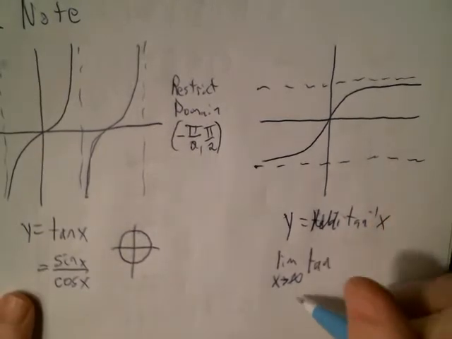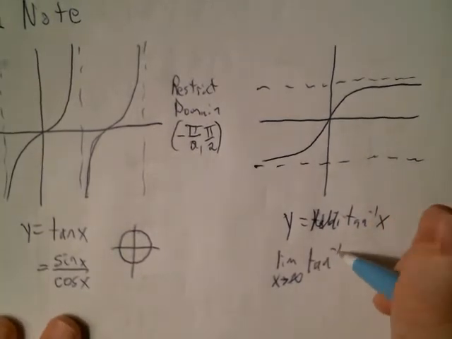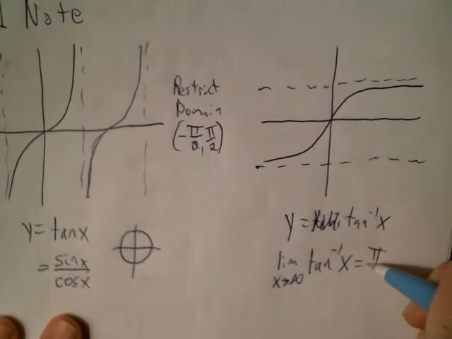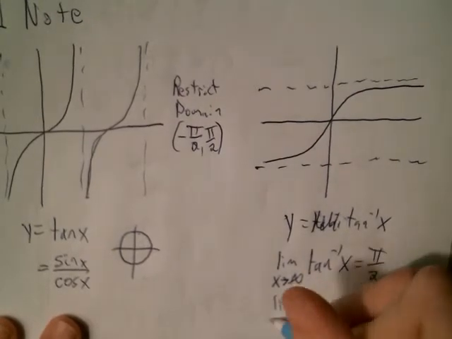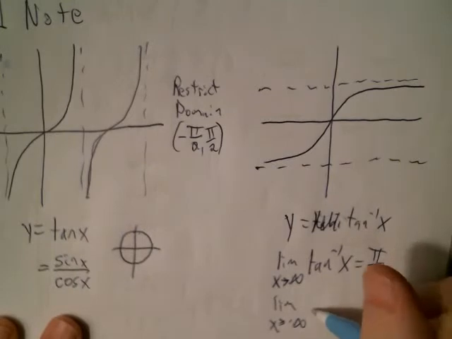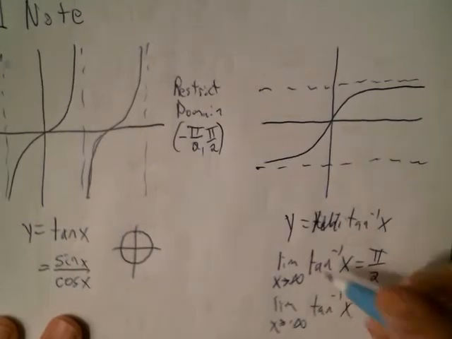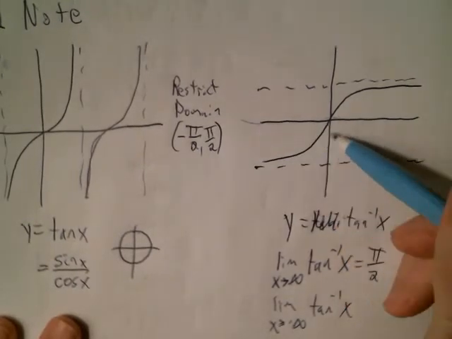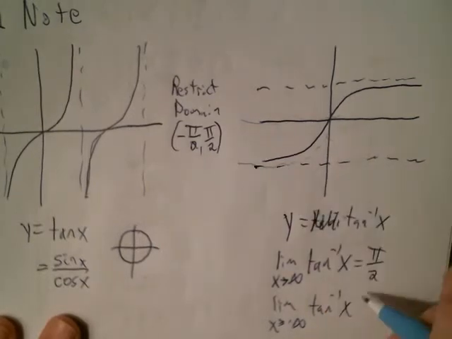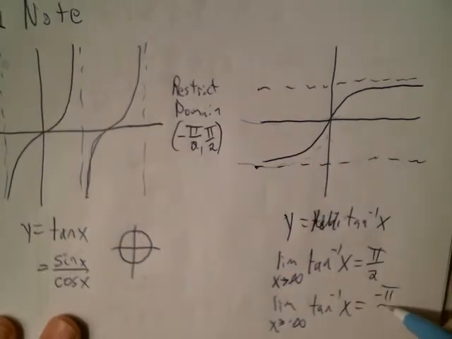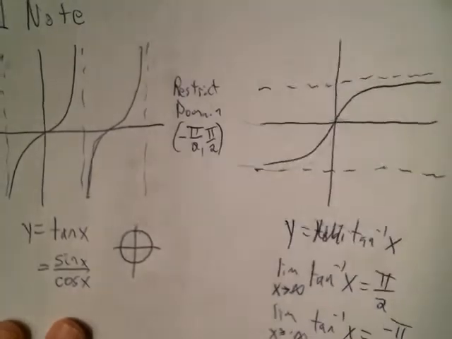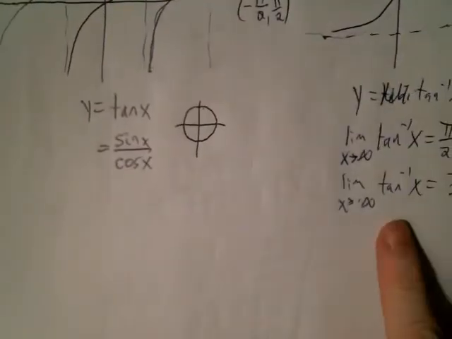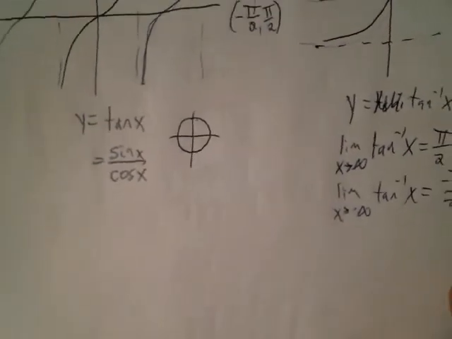So the limit as x goes to infinity will be pi over 2. The limit as x goes to negative infinity of tan inverse of x will equal negative pi over 2. So you go in this direction, we're coming down like that, negative pi over 2.